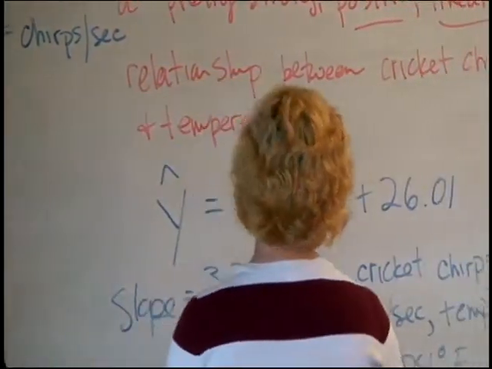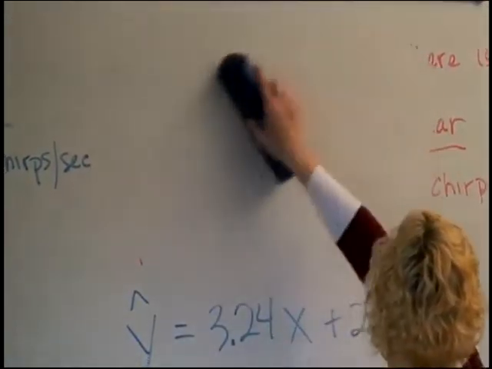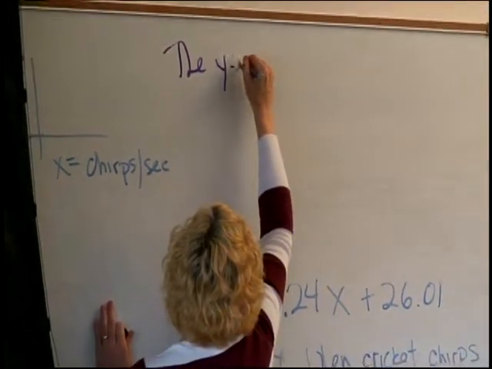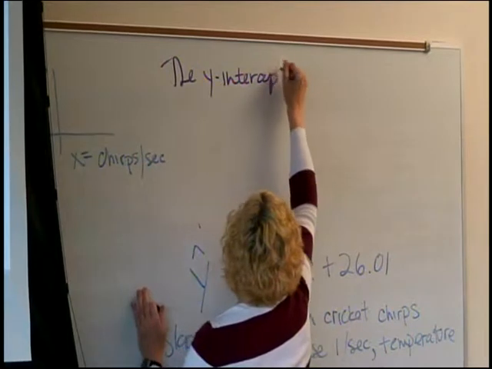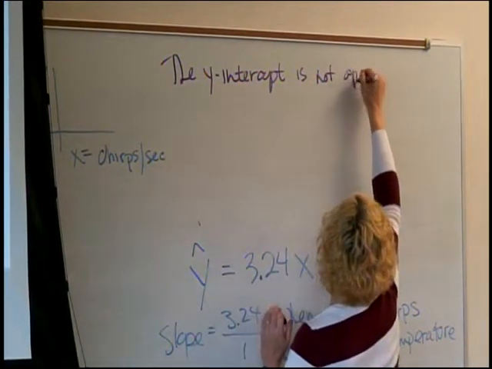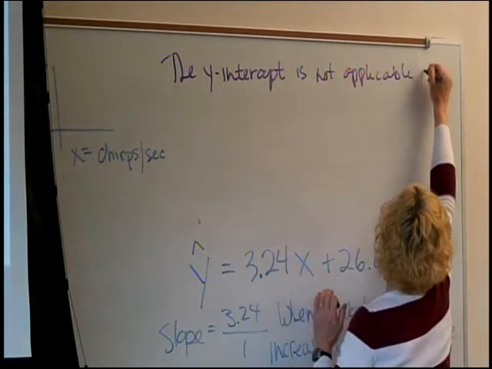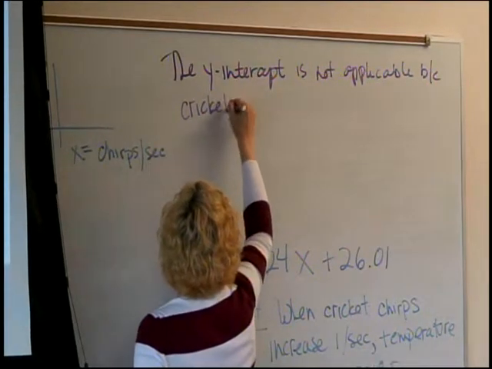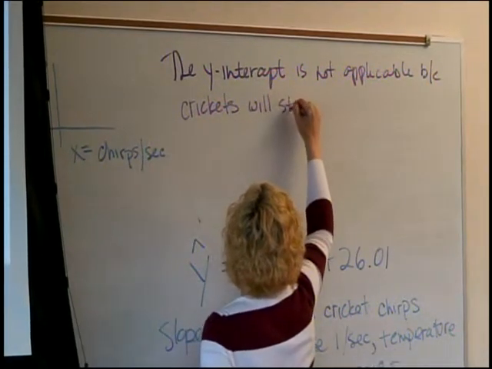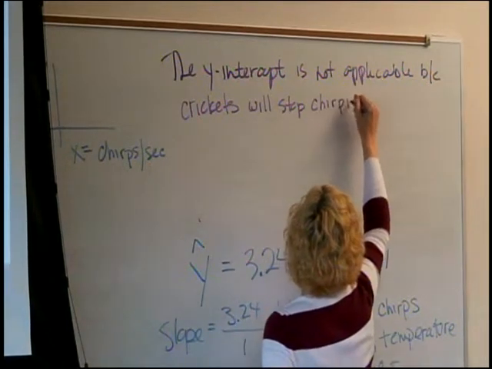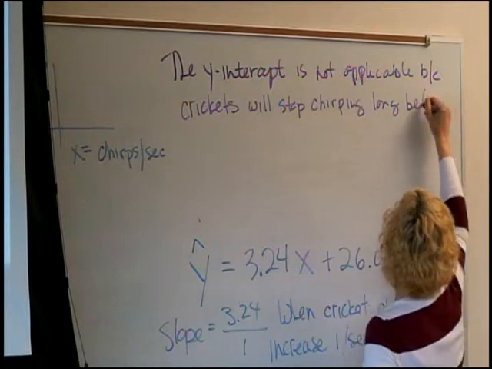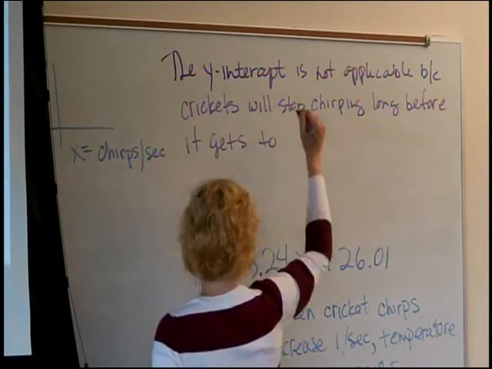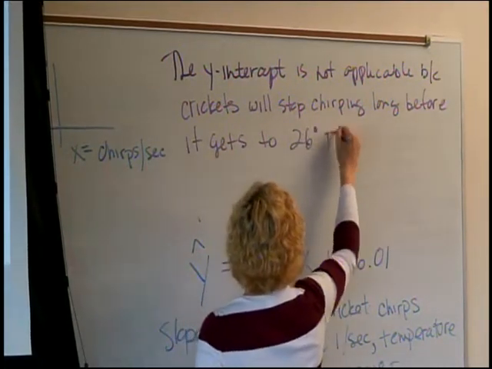Okay, so did you guys get the information about R down? Let's put the intercept information there. So the y-intercept is not applicable because crickets will stop chirping long before it gets to 26 degrees Fahrenheit.